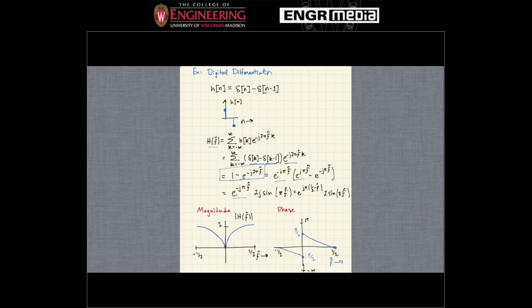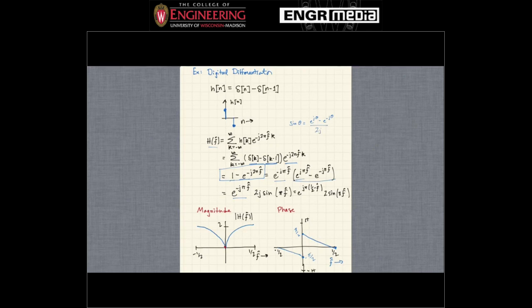Okay, so then the next thing I'm going to do is notice that I can write this in terms of the sine. Remember Euler's inverse identity, sine of theta equals e to the j theta minus e to the minus j theta, divided by 2j.